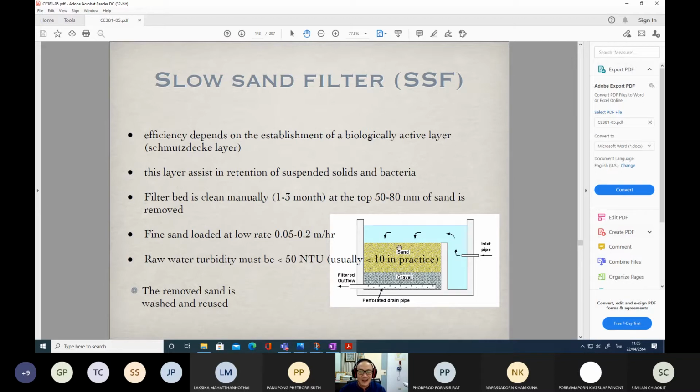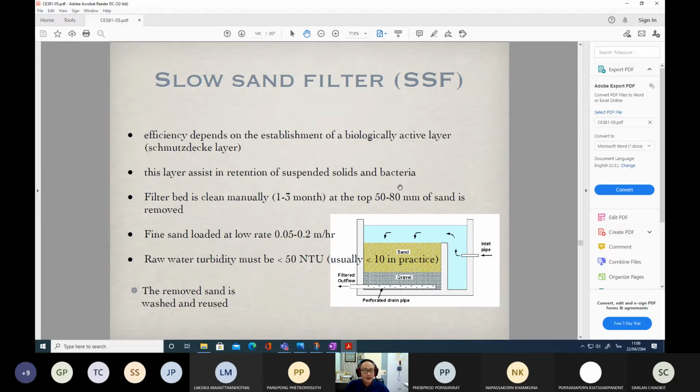This will occur at the surface of the media, and it will grow up. This is beneficial for suspended solids removal because the layer can retain these contaminants, both the suspended solids and some of the pathogens or microorganisms.